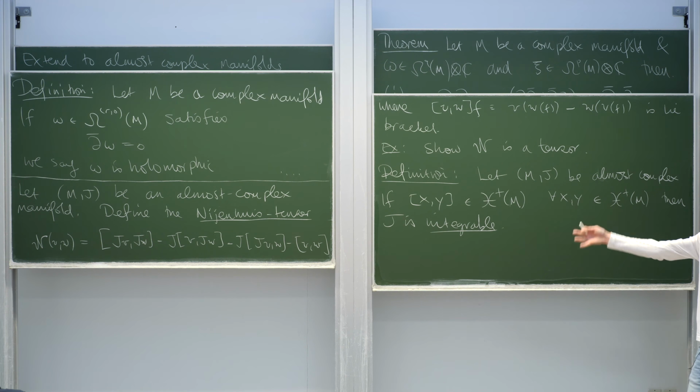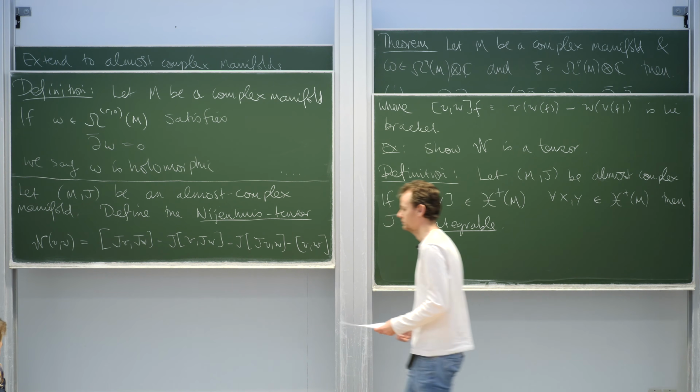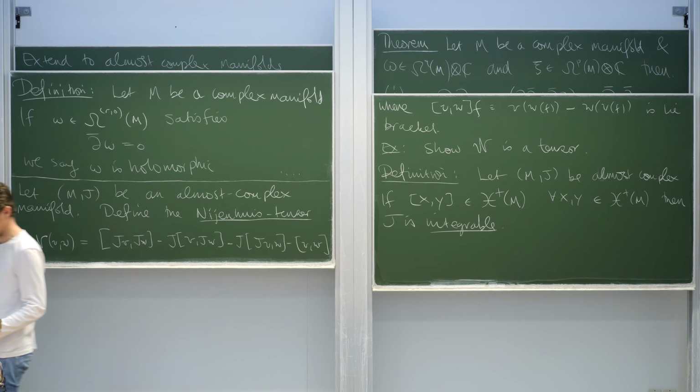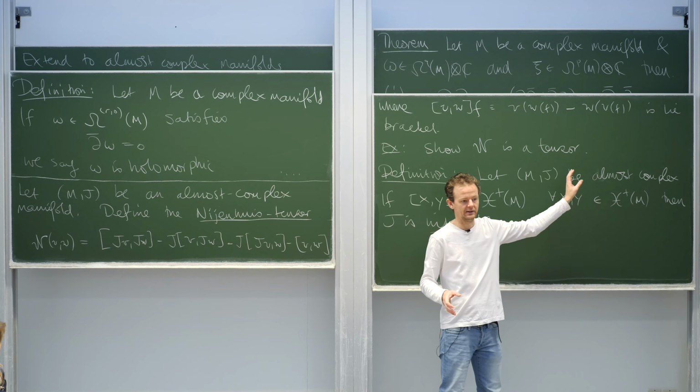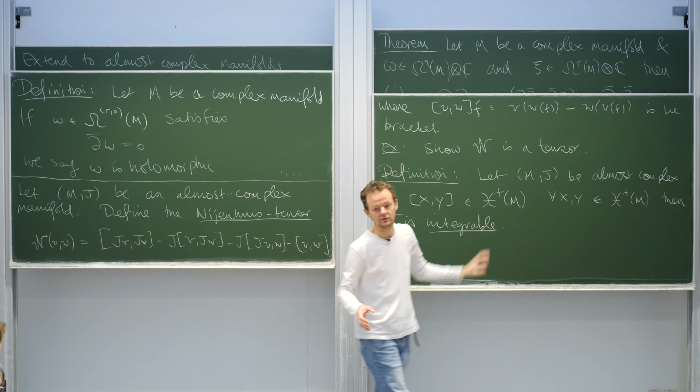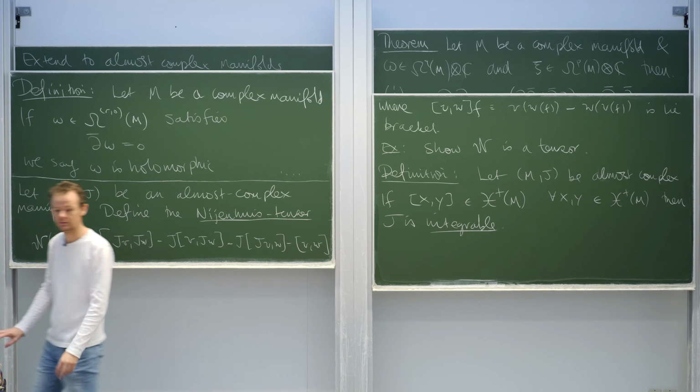So you can extend things holomorphically by the exponential map. And it turns out whether a manifold is complex or not is related to the integrability of J and the vanishing of N, as we'll see.